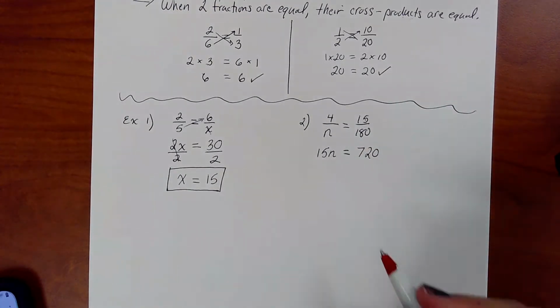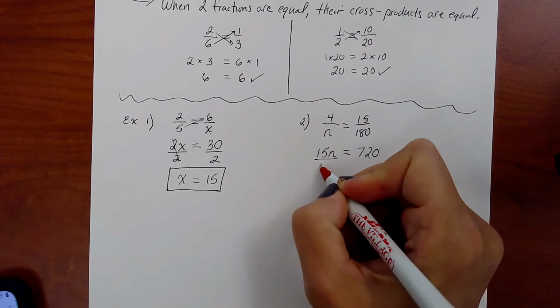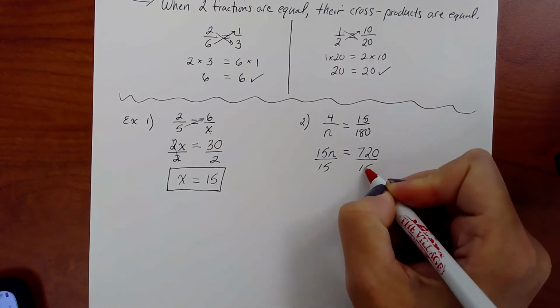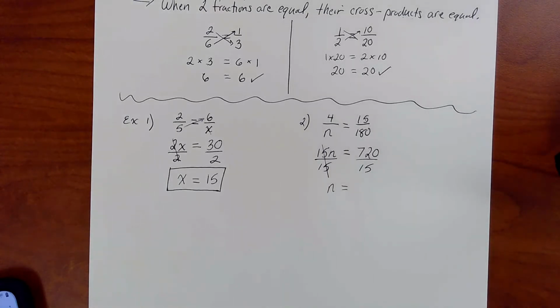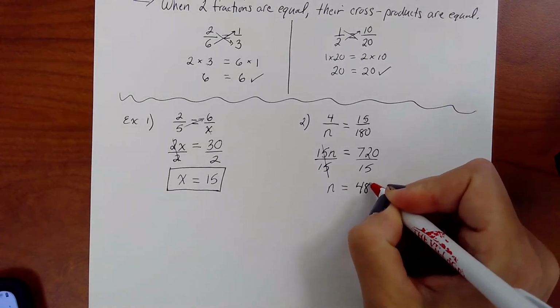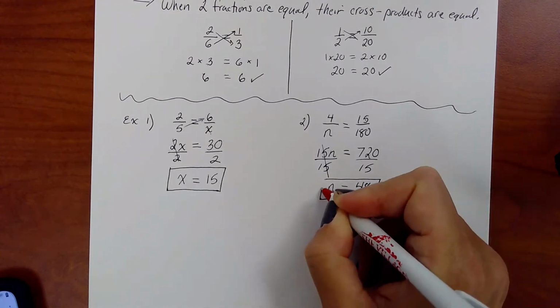Now to get the variable by itself, we're going to divide by the 15. 720 divided by 15 is 48. So there's your answer for that one.